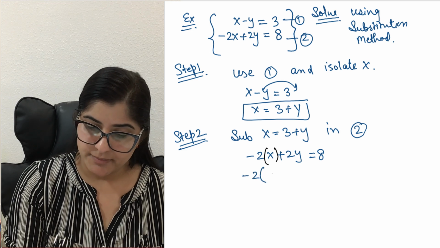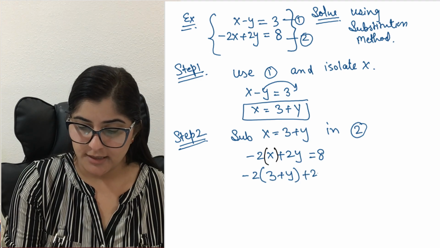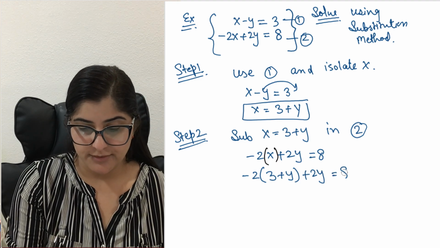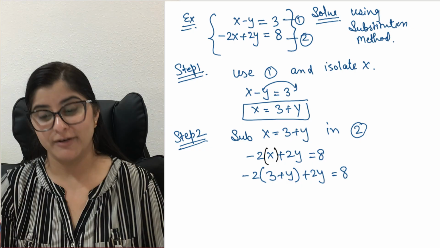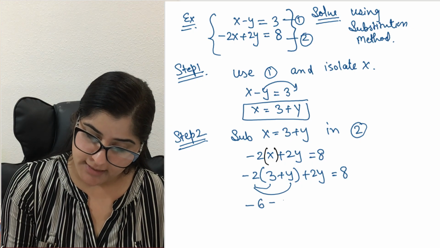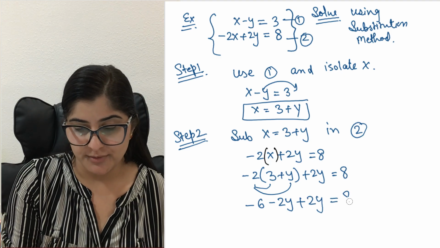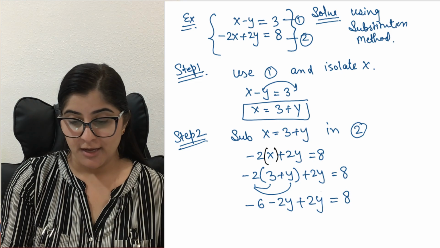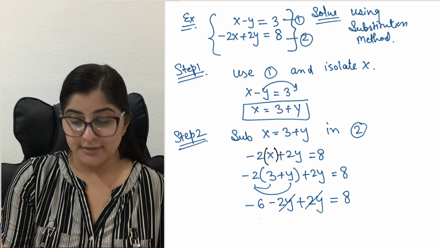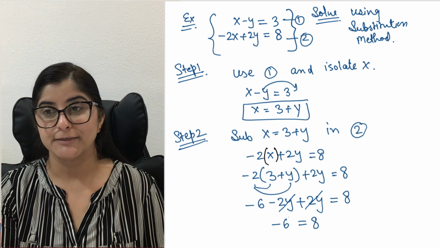So minus 2, replace x with 3 plus y. You see that now the new equation is only with respect to y. So distribute this inside: minus 6 minus 2y plus 2y is equal to 8. Minus 2y and plus 2y will cancel each other. We get negative 6 is equal to 8.